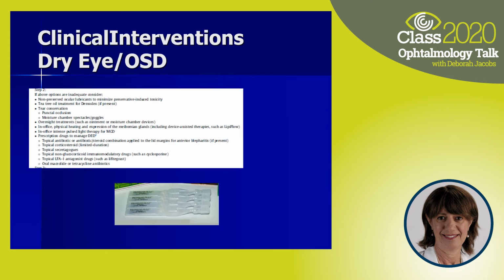If step 1 options are inadequate, then we move to step 2, therapeutic interventions for dry eye. These include preservative-free lubricant agents, tea tree oil if there's Demodex, tear conservation in the form of punctal occlusion and moisture chamber spectacles or goggles, overnight treatments such as ointment and moisture chamber devices, and then various in-office treatments dealing with the meibomian glands and lids, and then prescription agents, drugs to manage dry eye disease.